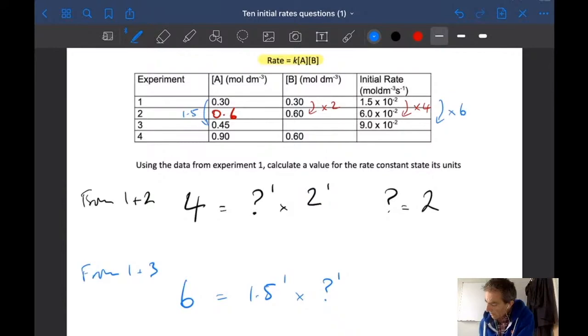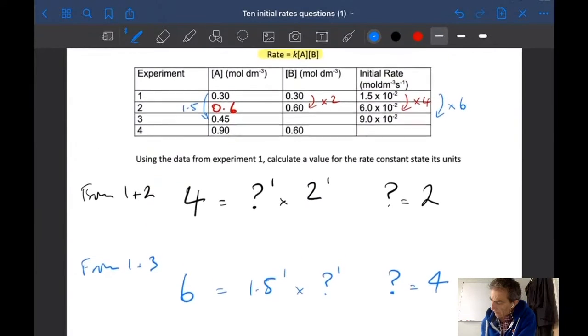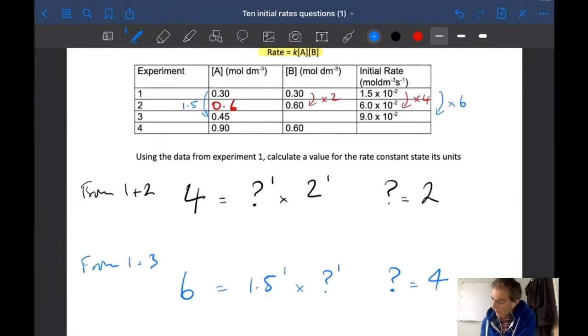So the question mark needs to be 4. 1.5 to the power 1 is 1.5, and if you multiply that by 4, you get 6. So the concentration of B needs to be 4 times what it was for experiment 1. So that is 1.2, isn't it? 1.2 moles per decimeter cubed.